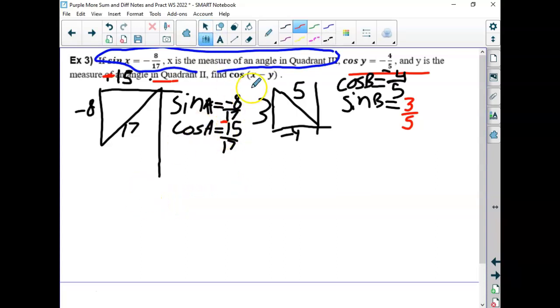All right. Can anybody read me the one for cosine x minus y?